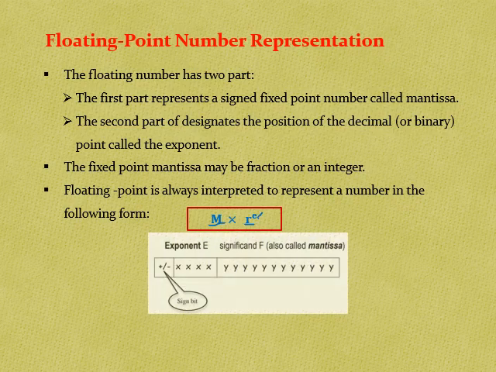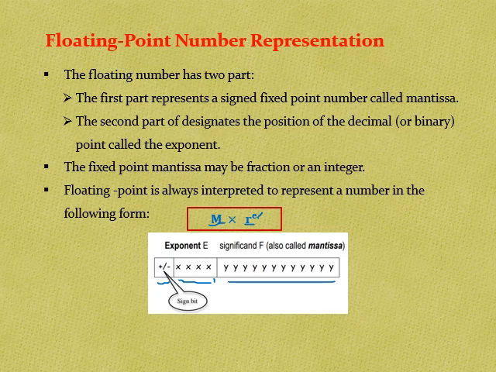In the diagram, we can understand these things very clearly. As you can see, this is the first part and this is the second part. These are the two main parts of a floating point representation. Along with these parts, one bit is kept to show whether the number is positive or negative.